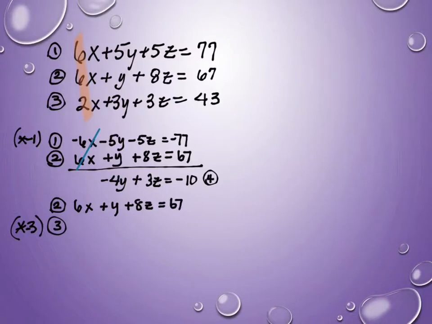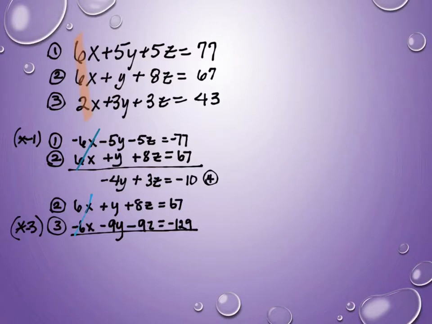Third equation is negative 6x minus 9y minus 9z. Okay, so what is 43 times negative 3? Negative 129. Nice. Those numbers get big fast, don't they?